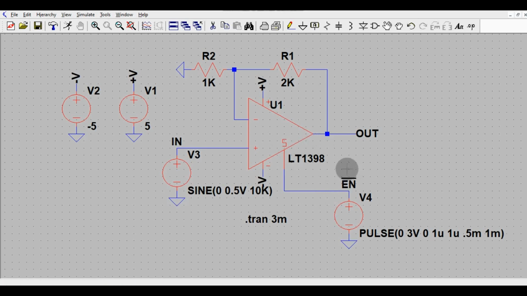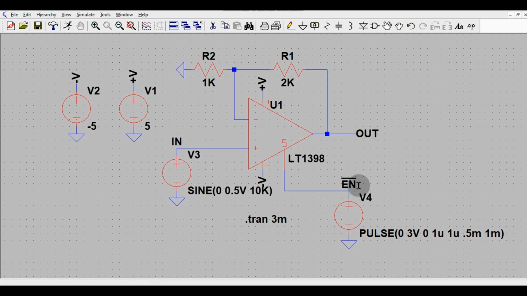So there are only two conditions. Since EN is active low, when this is low, there is an output at your amplifier here at out, and if it is high, there is no output at your out.